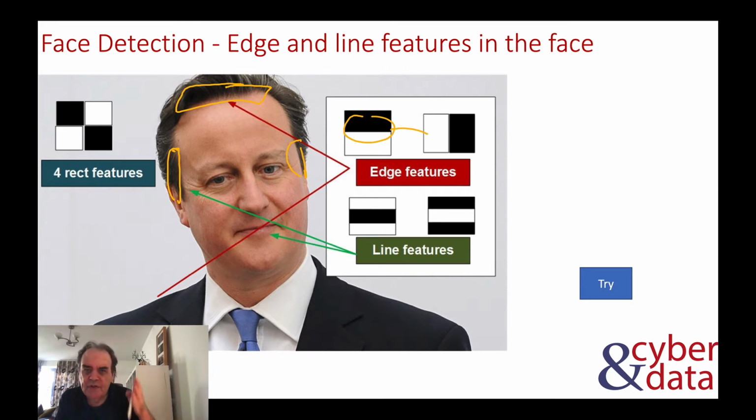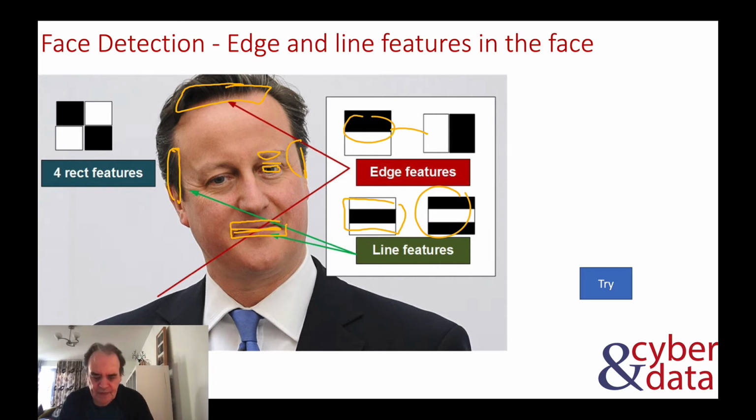We can see a horizontal and a vertical edge in there. Along with that, we look at line features. In this case, we're looking at a line which defines the mouth, where it might go from light to dark to light again. But in other places, we might look for a dark area followed by light and then dark again.